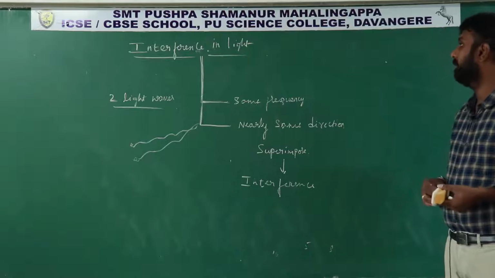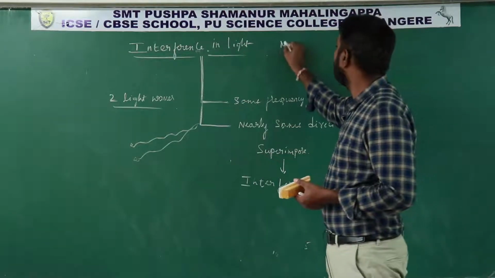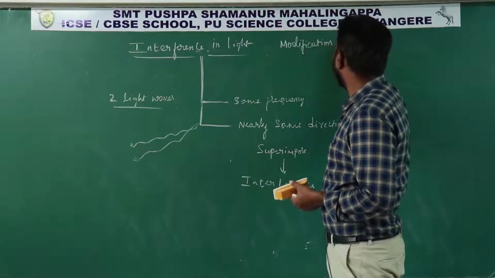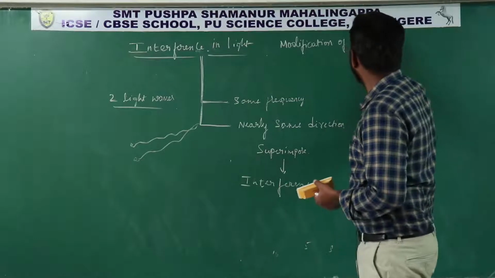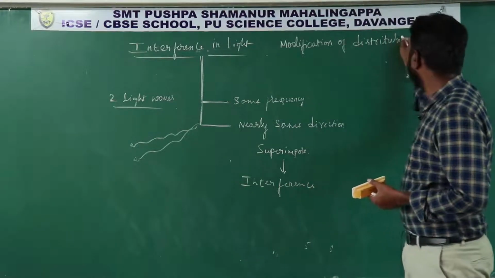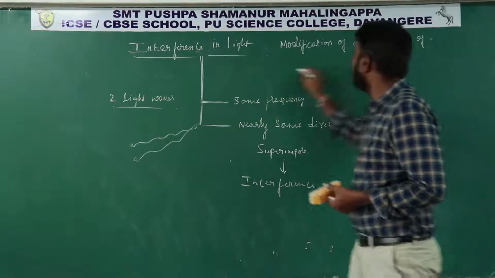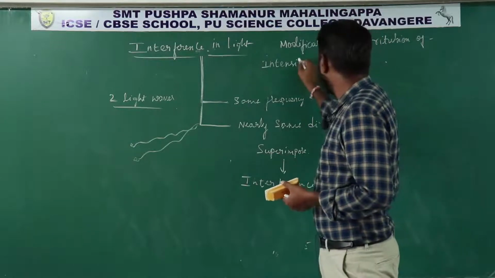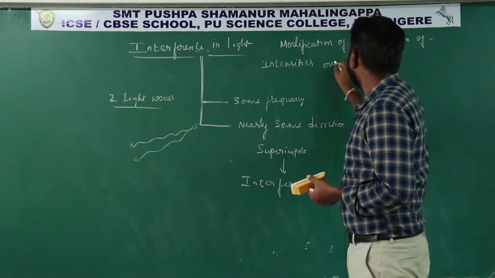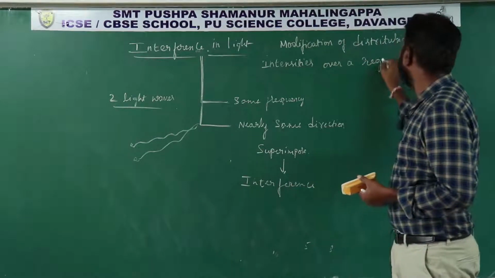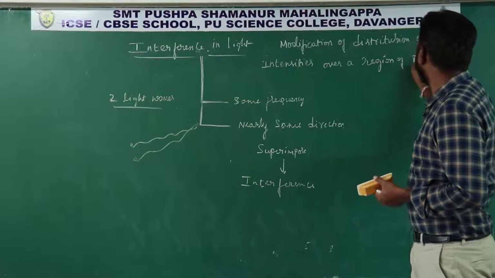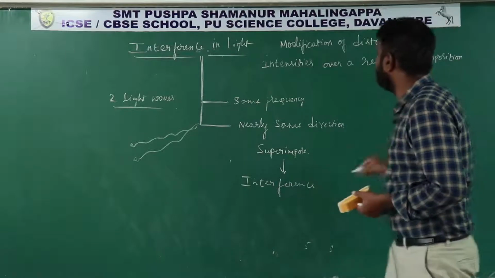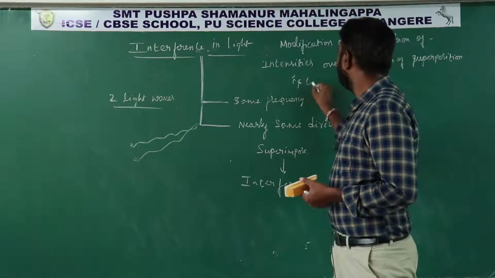Then what is meant by interference? It is defined as the modification of the distribution of intensity over a region of superposition.